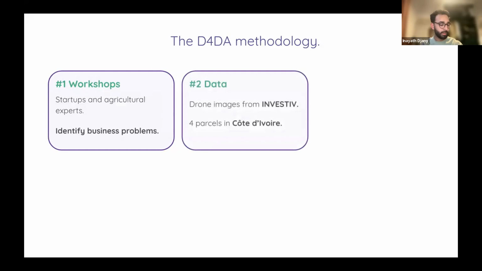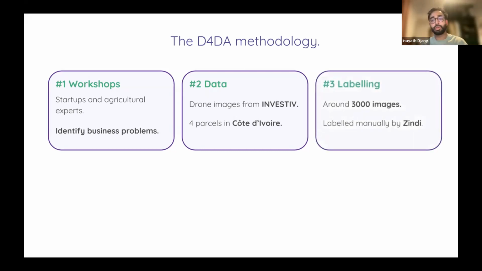Then we had one of our main partners, Investive, who gave us a data set of drone images. Investive basically has a fleet of drones. It's an agri-tech in Ivory Coast, and they were part of the workshop steps, and they are the data provider for this hackathon. So we have around 3,000 drone images from 4 parcels in Côte d'Ivoire.